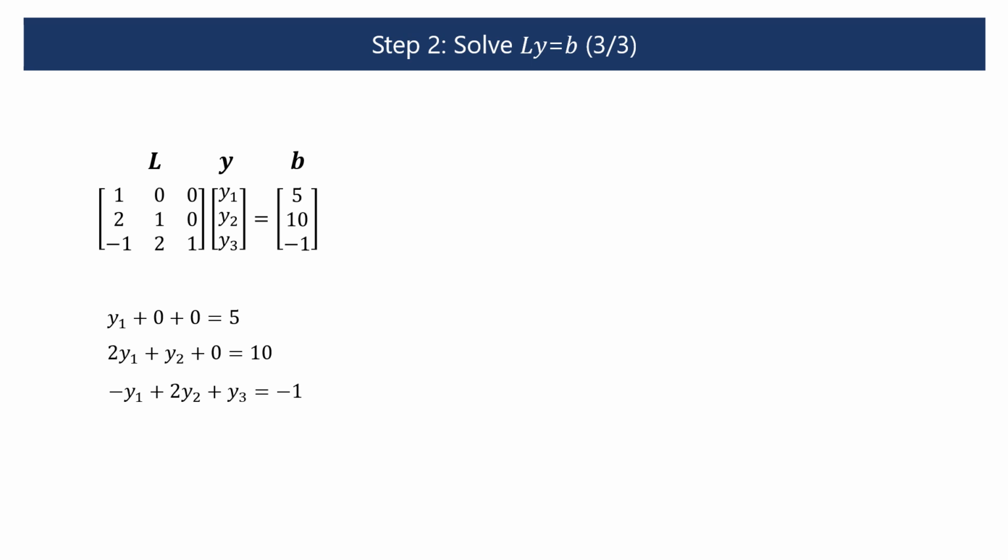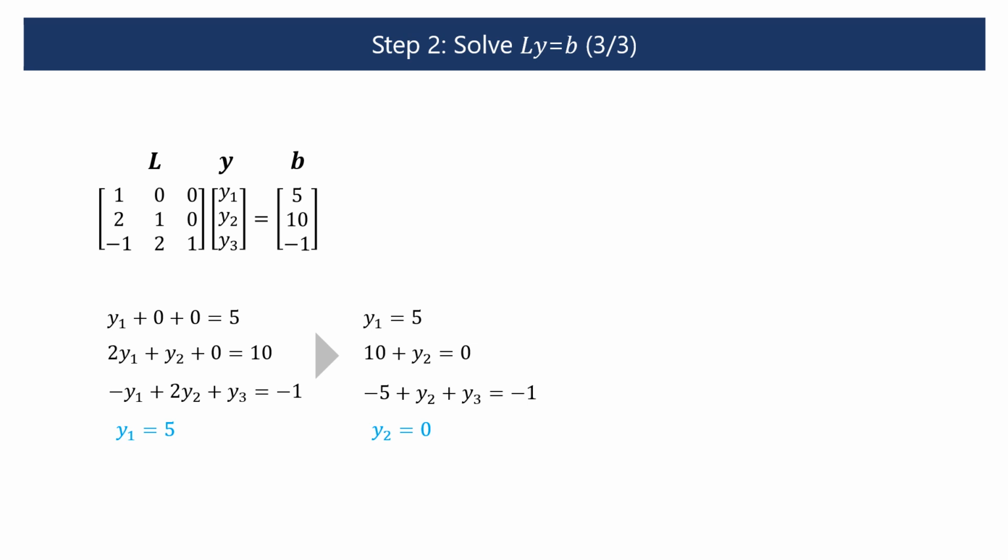We already have the matrix L and a vector B with the concrete values of all elements. So, using them, let's set up the system. Next, let's solve for each variable step by step. First, solve for y1. y1 equals 5. Next, substitute y1 equals 5 into the second equation to solve for y2.